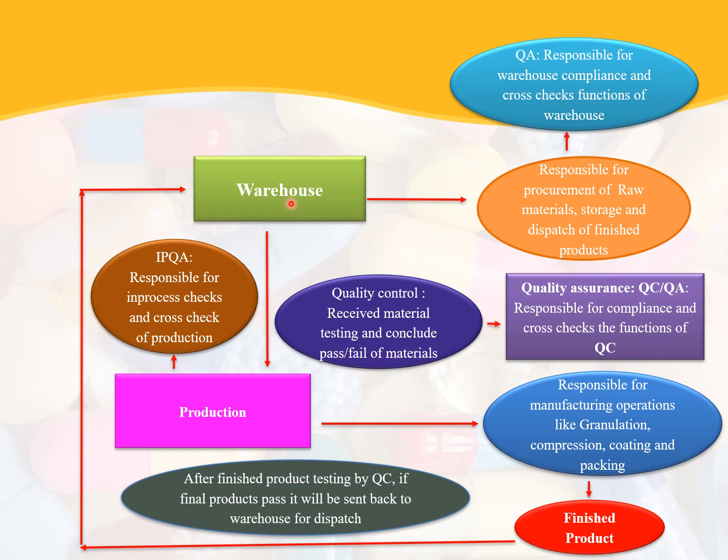And once the standards are checked and after confirmation from the QC department, they will label that particular raw material as approved, and after approval it will be dispensed in bulk quantity to the production area.